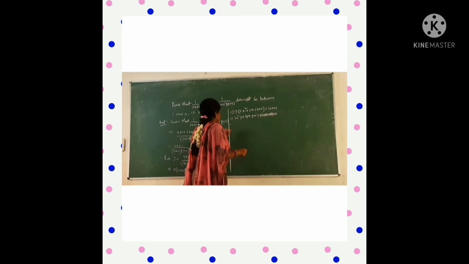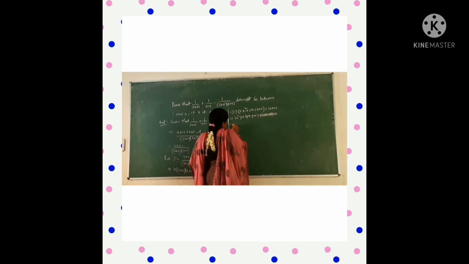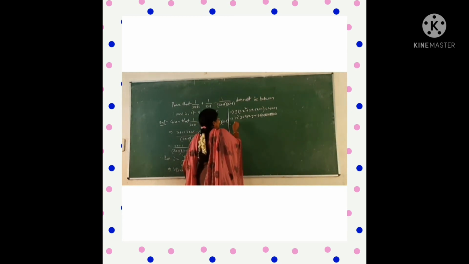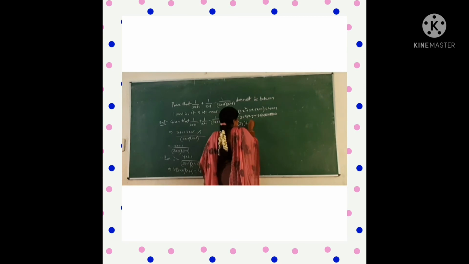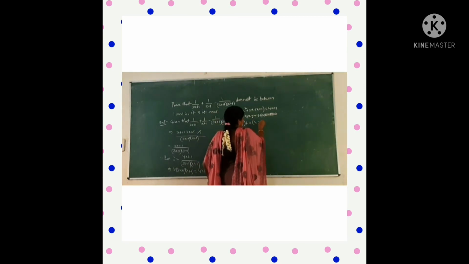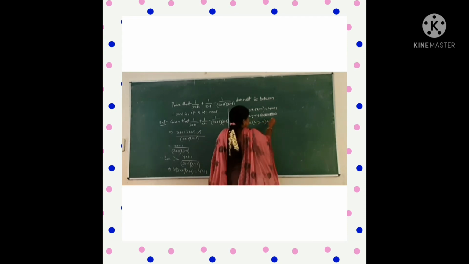Now, see here, this is the quadratic equation. That's why we take x square coefficient 3y plus x into (4y minus 4) plus, and the constant value is y minus 4, is equal to 0.